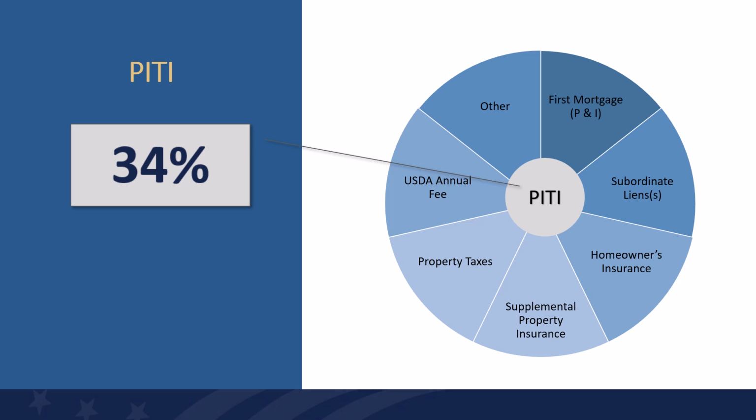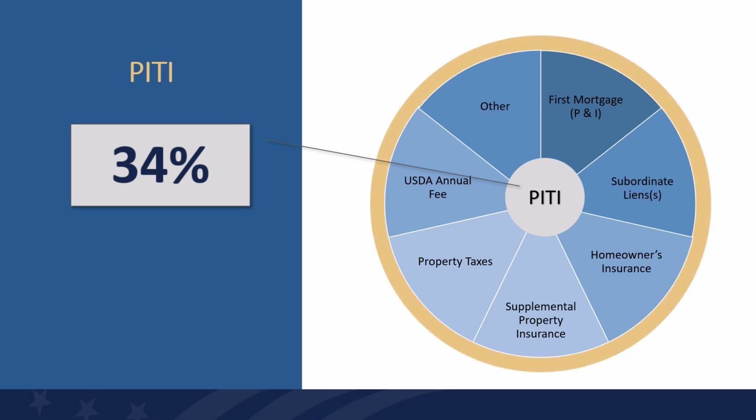Ratios are derived from the repayment income as specified by the lender in Chapter 9 of the Handbook. The PITI ratio encompasses several components, including the first mortgage, any subordinate liens, homeowners insurance, supplemental property insurance, property taxes, the USDA annual fee, association or project dues for condos, co-ops, or PUDs, as well as other housing-related expenses.